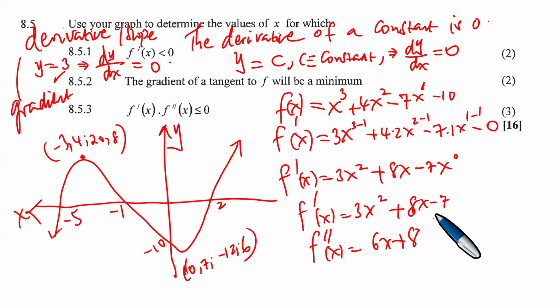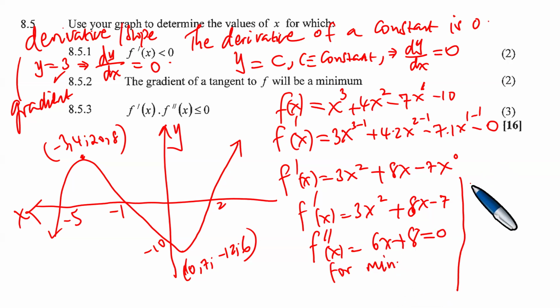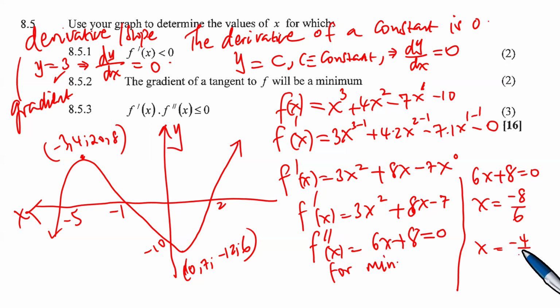If this gradient is to be a minimum, then its derivative must be 0. The derivative must be 0. Always, when they say you need to find the minimum or maximum, the derivative equals 0. So 6x plus 8 equals 0, and that means x equals, you transpose the 8, it becomes negative, and divide by 6, so you have minus 4/3.